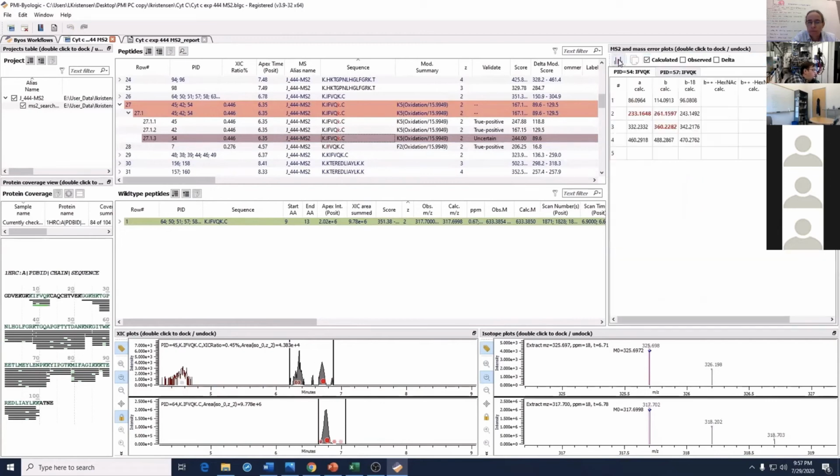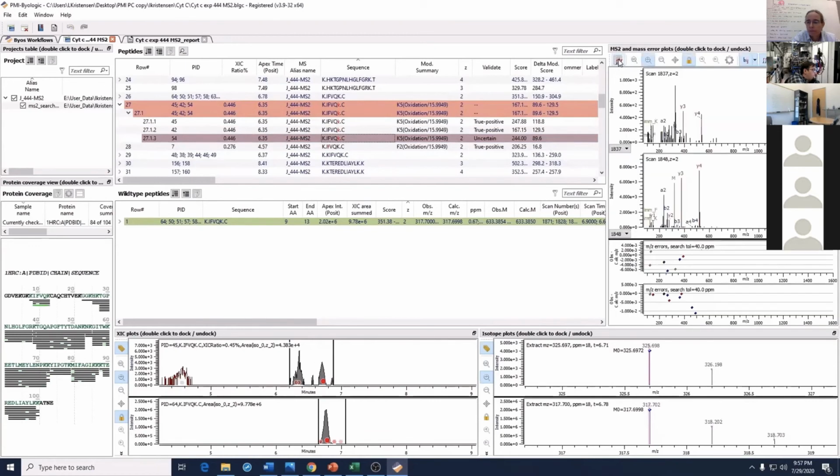And we can also take a look at that in the table format. As a result, I went ahead and labeled that particular peptide as uncertain using the validate column here. In this column, we have 4 choices. We can leave the modification as unassigned, true positive, false positive, or uncertain.